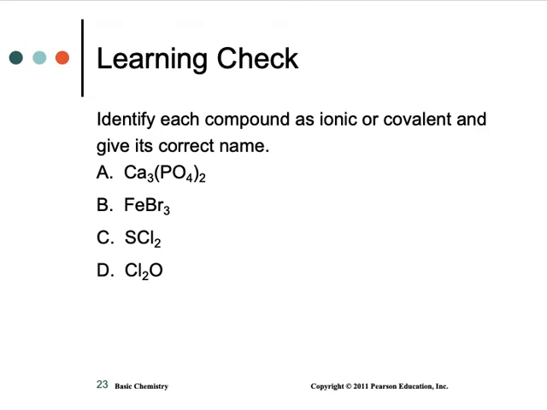That means that's -3, so the iron has to equal that, so it's iron 3 bromide. And then sulfur and chlorine are both nonmetals, so you use the Greek prefixes, sulfur dichloride. And then chlorine and oxygen are nonmetals, so it has to be dichlorine monoxide or dichlorine oxide. I would say monoxide.